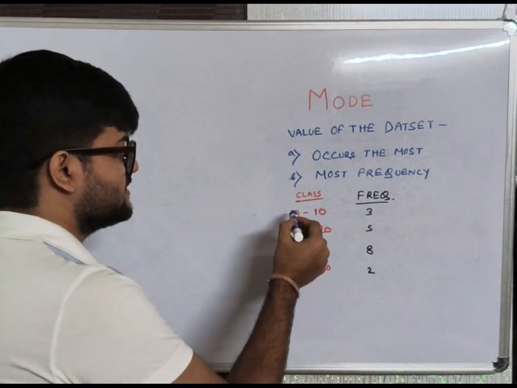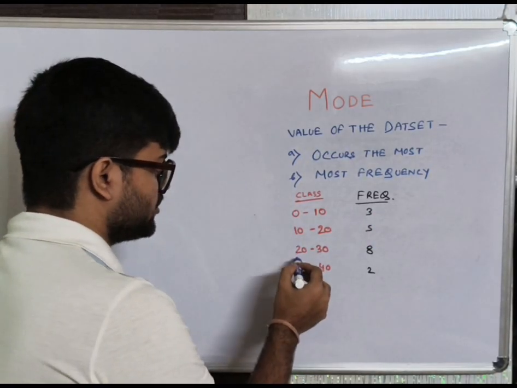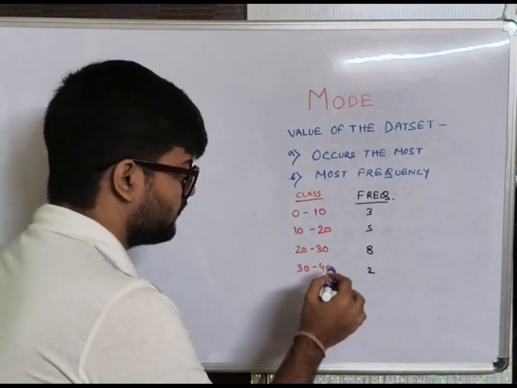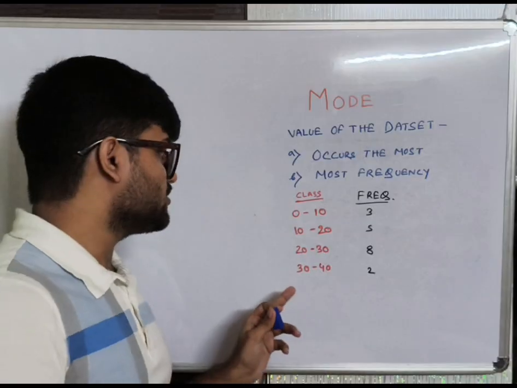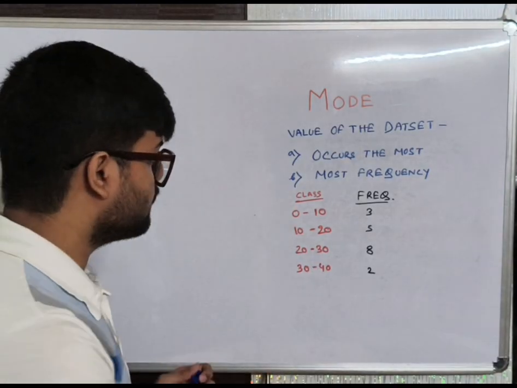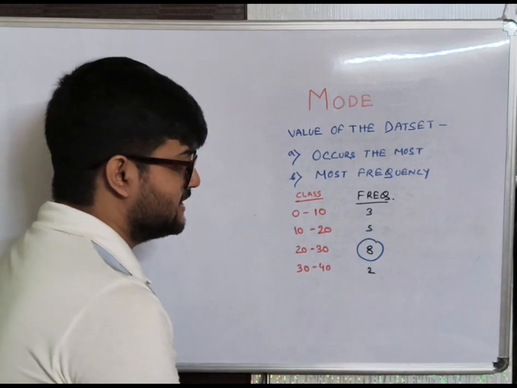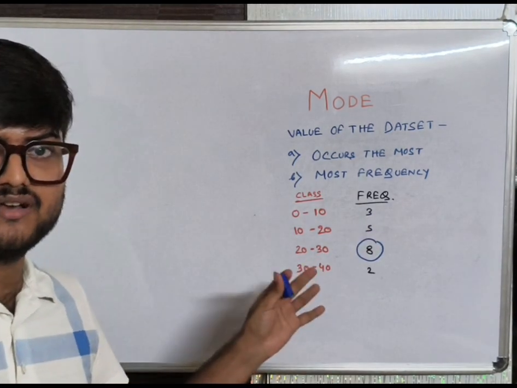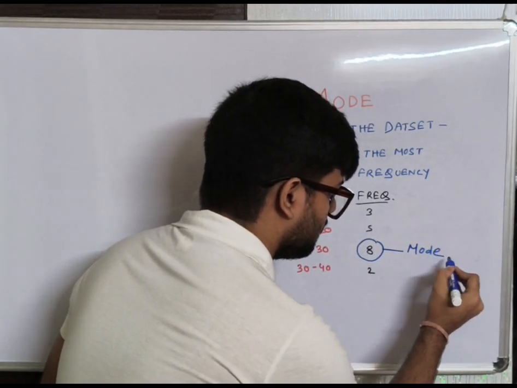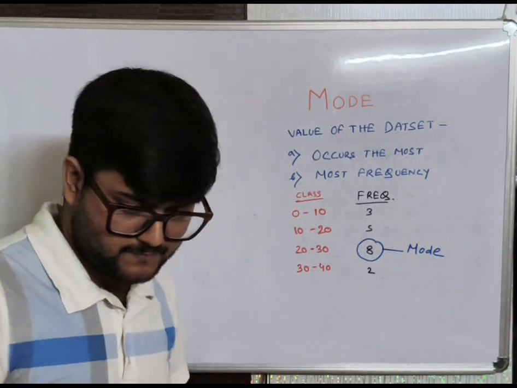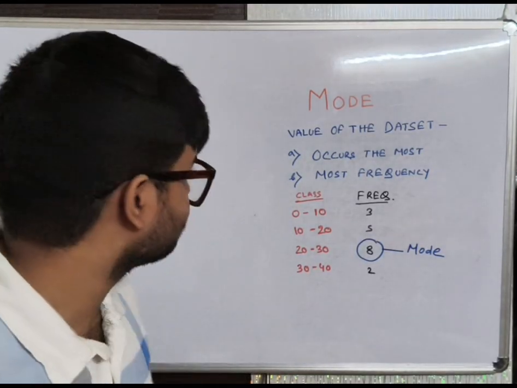From 0 to 10 there are 3 students, from 10 to 20 there are 5 students, from 20 to 30 there are 8 students, and from 30 to 40 there are 2 students. So the class of 20 to 30 has the most number of students. See, 3, 5 and 2, and then there is 8. So in a frequency distribution like this, that class becomes the mode. Okay, that is the brief understanding of mean, median and mode.